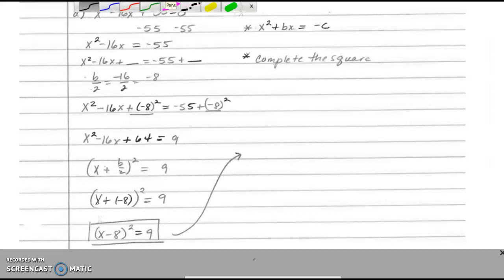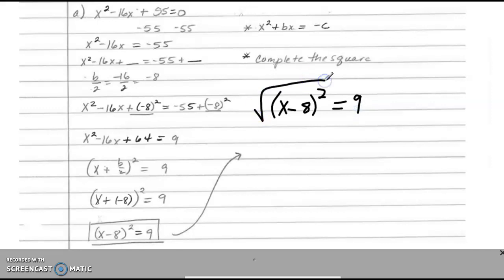So I've got this x minus 8 squared equals 9. To undo that square, I'm going to square root both sides. And that's going to give me x minus 8 on the left equals, and remember when we have an equation that we are square rooting within the equation to solve, then we take both the positive and negative root.